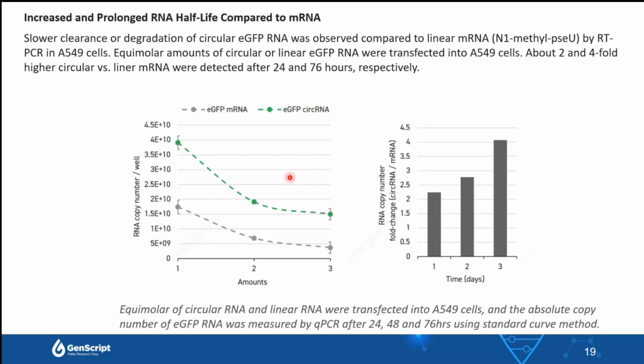Equimolar amounts of circular or linear EGFP RNA were transfected into A549 cells, and about 2- and 4-fold higher circular RNA were detected in 2 to 3 days.